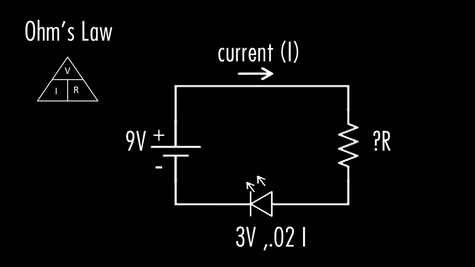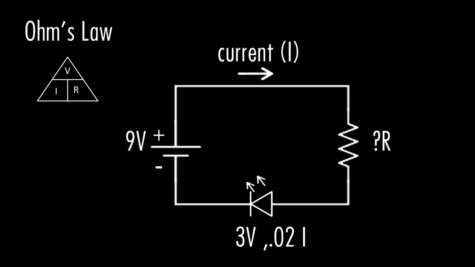So we have a 9-volt battery, 3-volt LED at 20 milliamps or 0.02 amps, and we need to calculate the resistor. Let me quickly explain voltage drop. Voltage drop is the loss of voltage in a circuit caused by the flow of a current through a component, such as a resistor or an LED, right?